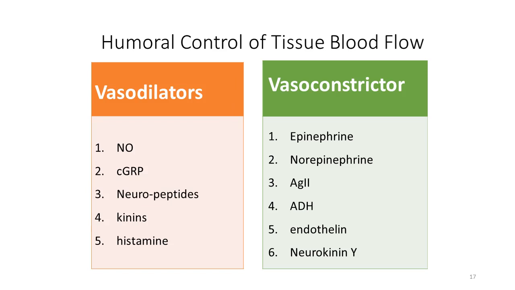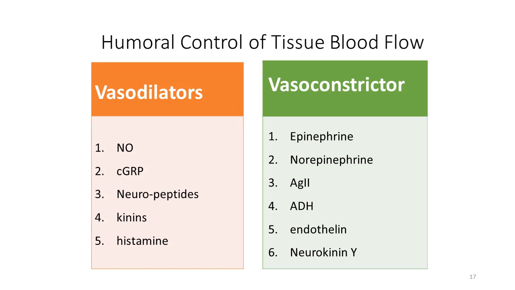Another vasodilator is CGRP, abbreviated from calcitonin gene related peptide. It is secreted from sensory neurons, and sensory neuron secretion acts as vasodilation in the body.